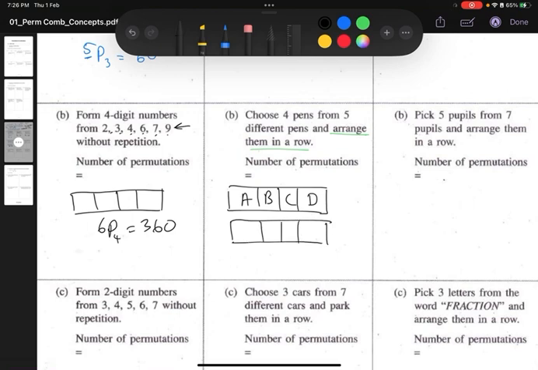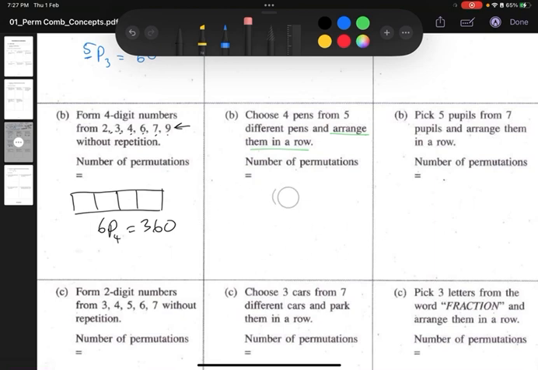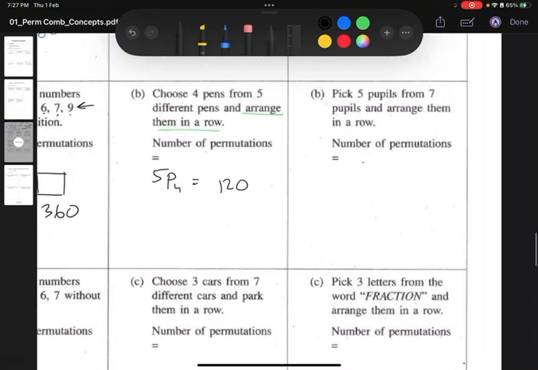So let's say you want to put D first, and then B, and then C, and then A at the end. So that's why in permutations, you really look into all the different arrangements that are possible. So for this one, again, that would be 5P4, which would give you 120.